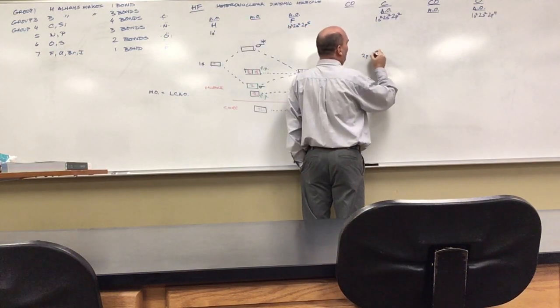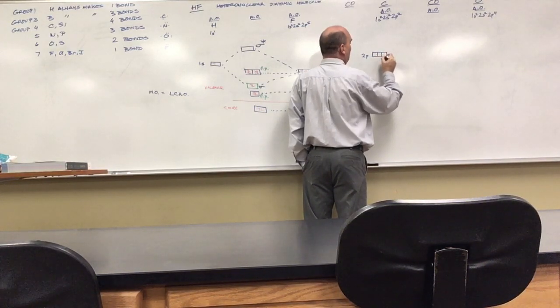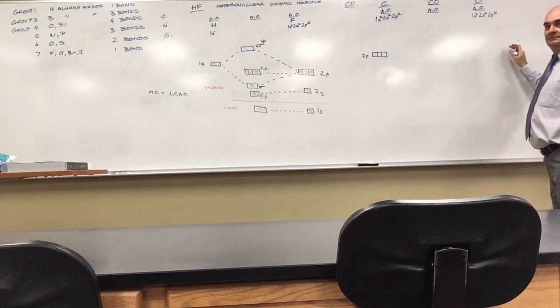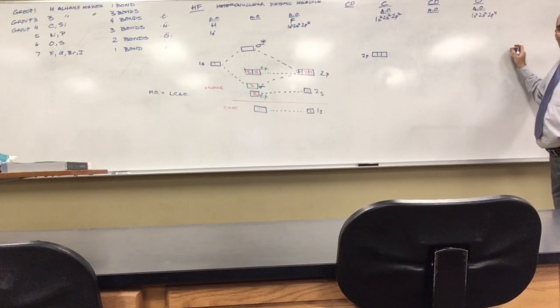Here's the 2p for carbon. What would the 2p for oxygen look like? It's electronegative, so maybe lower.